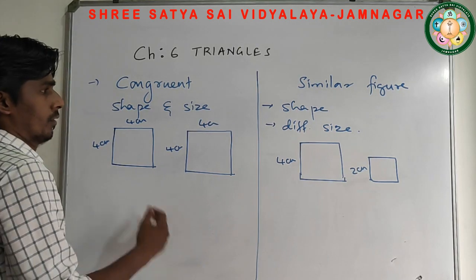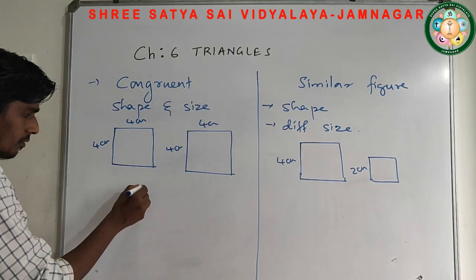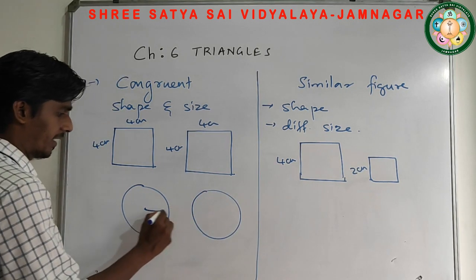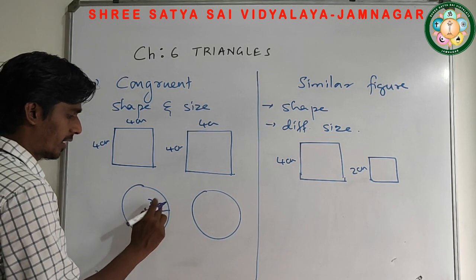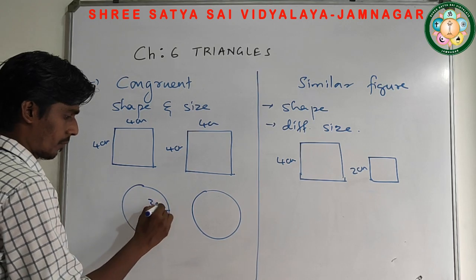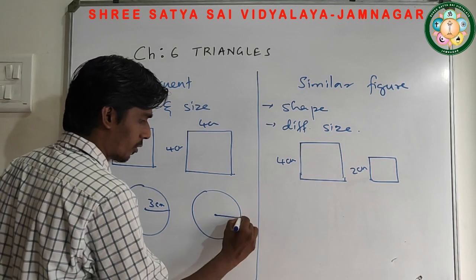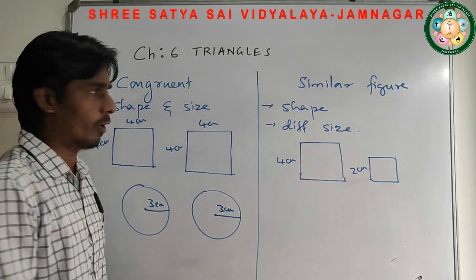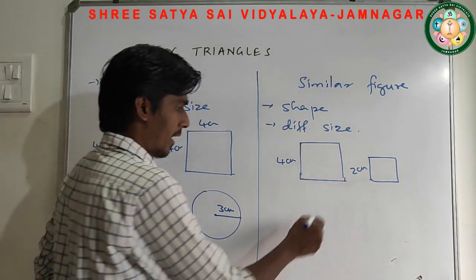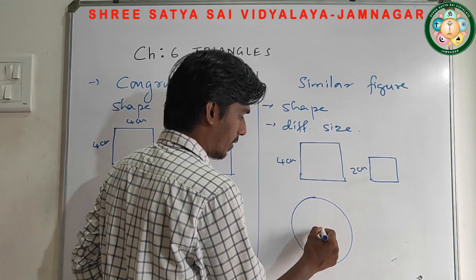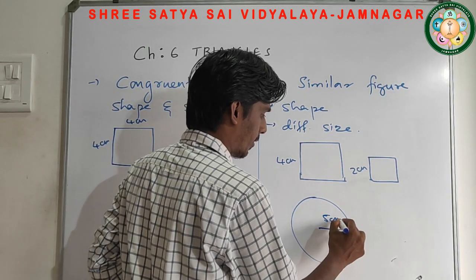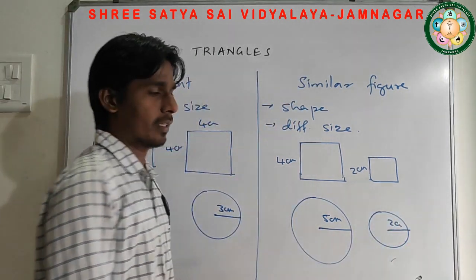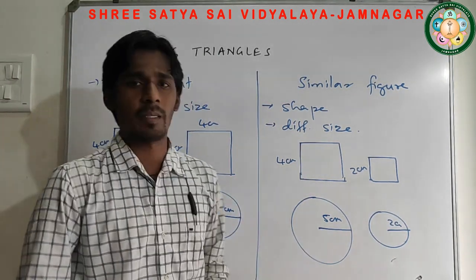Now if I draw a circle with a radius of 3 centimeter, and the radius of this one is also 3 centimeter, then this pair of circles is congruent circles. And if I draw a circle of 5 centimeter and another circle of 2 centimeter, then this pair of circles is similar figures.